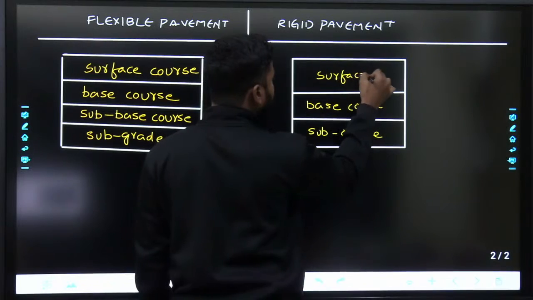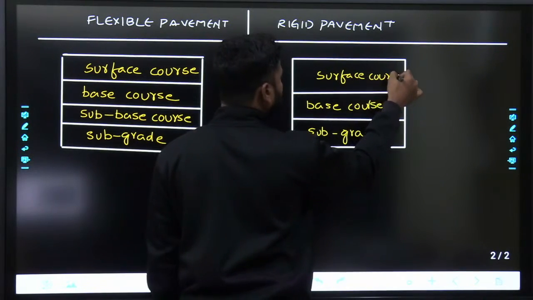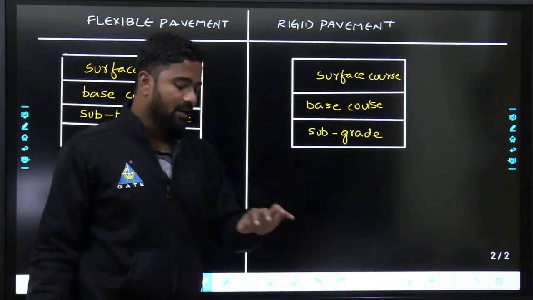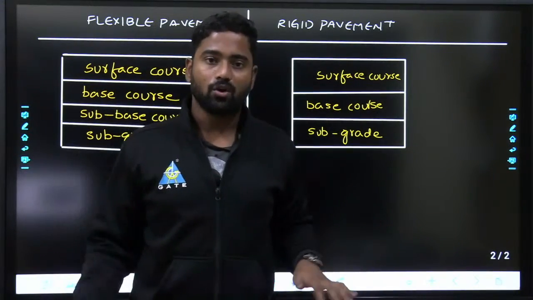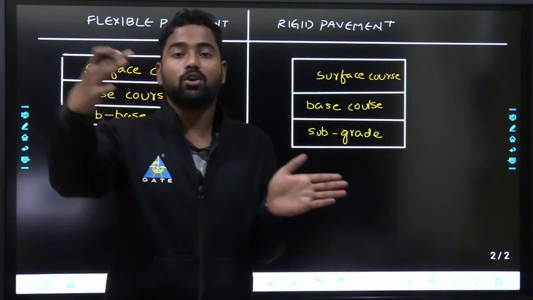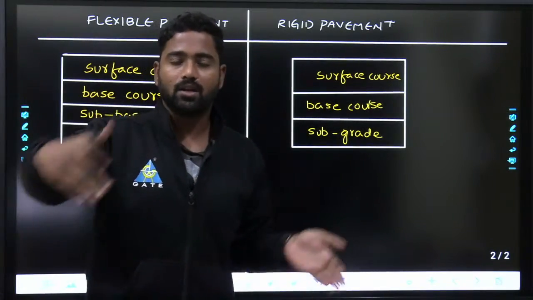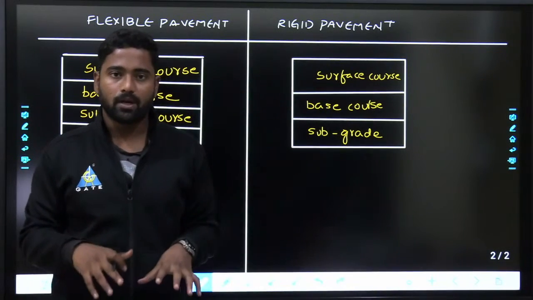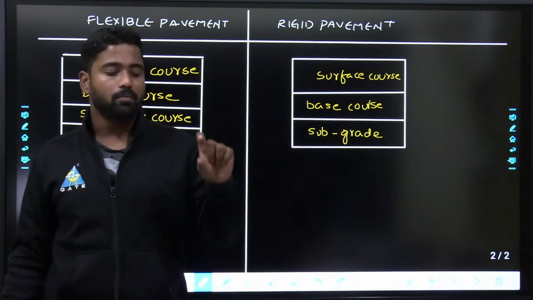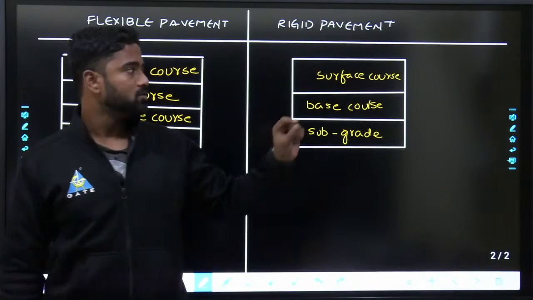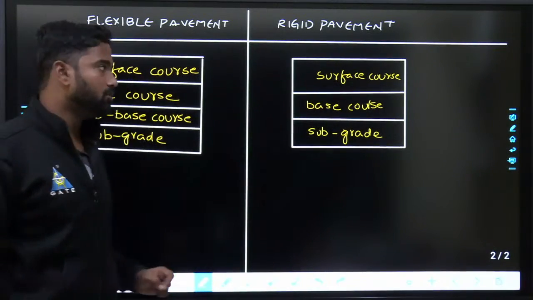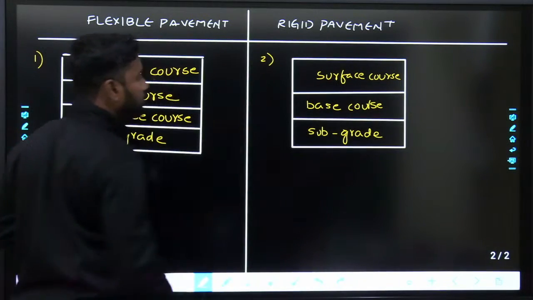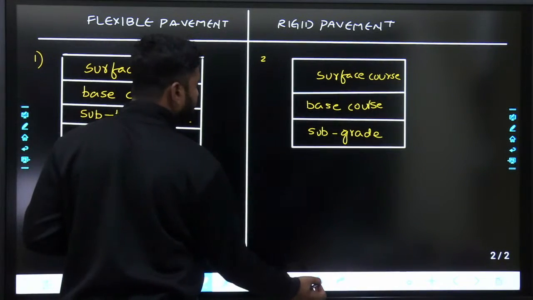Sometimes you don't see the base course also. You will see only subgrade and surface course. It's indirectly like there will be soil, and on the soil you will be constructing concrete slabs. Recently you might be seeing this in the highways. Initially, the soil will be compacted properly, and on the top of the soil there will be concrete slabs. So this is the cross section of flexible pavement, and this is the cross section of rigid pavement.